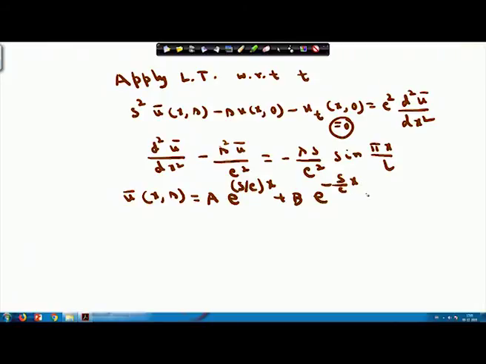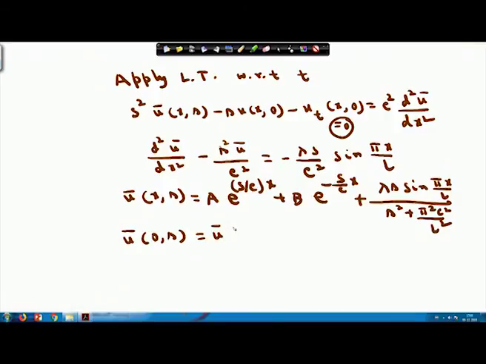This is the complementary function part, and the particular integral part will be lambda s sin(pi x by L) divided by s square plus pi square c square by L square. Now, applying the Laplace transform on the boundary conditions, you can write u bar(0,s) equals u bar(L,s) equals 0.